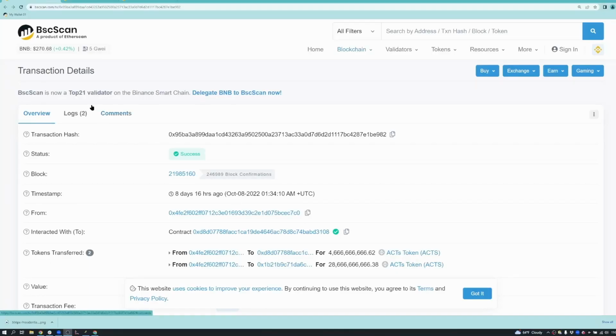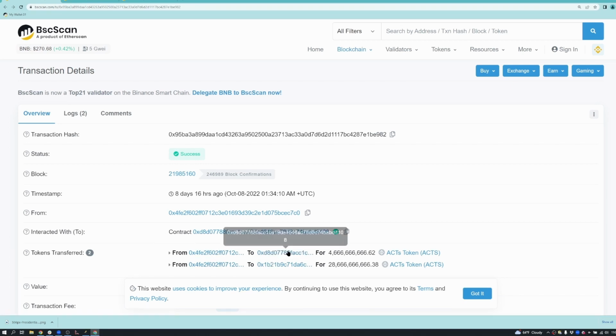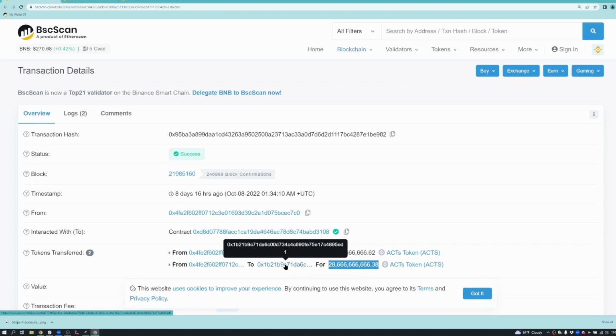Okay, so right here is a BSC scan transaction hash. This is the transaction hash right here. This is the ID related to that transaction hash. And it says that tokens are transferred from these two wallets into these two wallets. And the one that we're concerned about is this one that's transferring 28.66 billion.